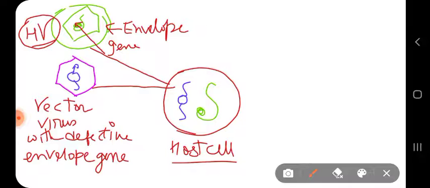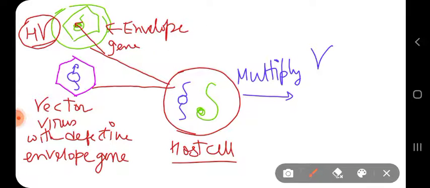In this way we can prepare the vector virus on a large scale from the host cell. When it multiplies, we can create a large number of vector viruses, as well as helper viruses.